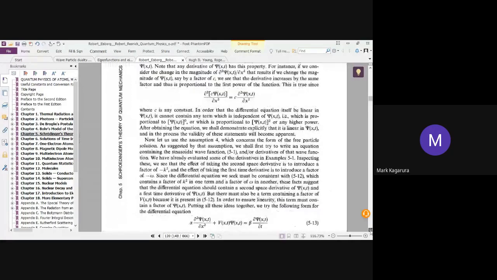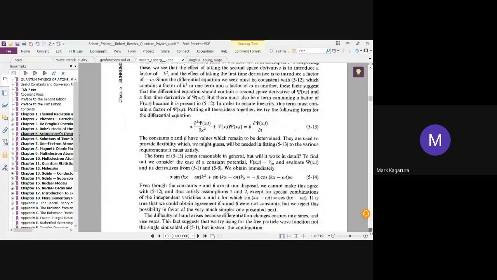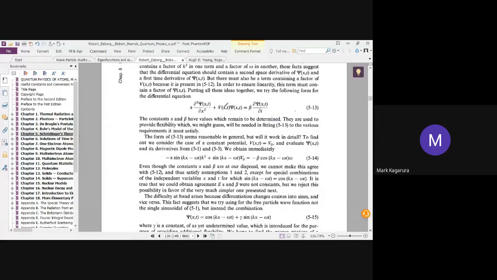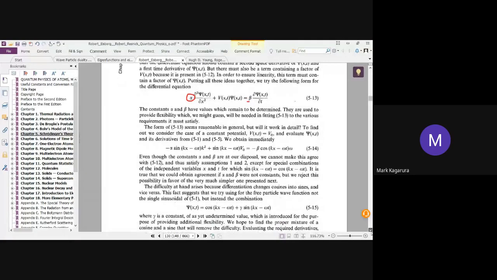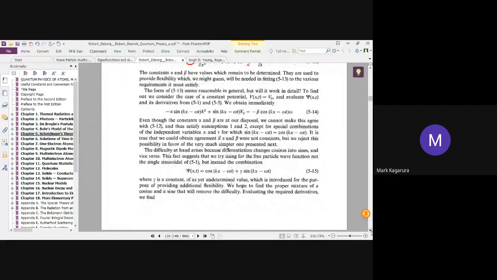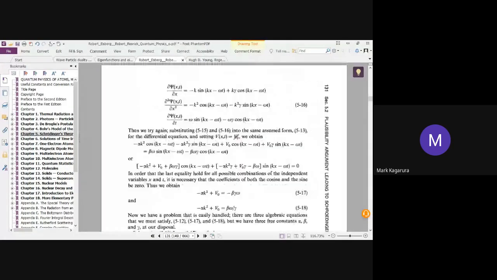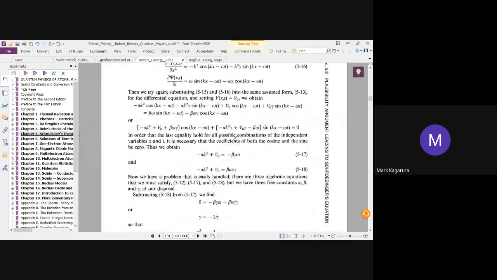I thought it was a mistake, but they first represent the constants by alpha and beta, and then go on to solve them using just the sinusoids. Remember, for the other bit, we're using exponents, but it comes up to the same thing.